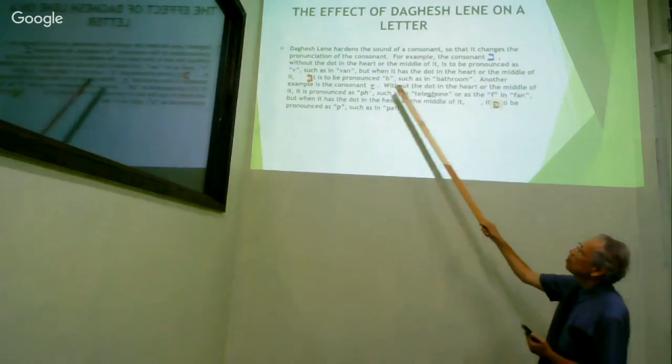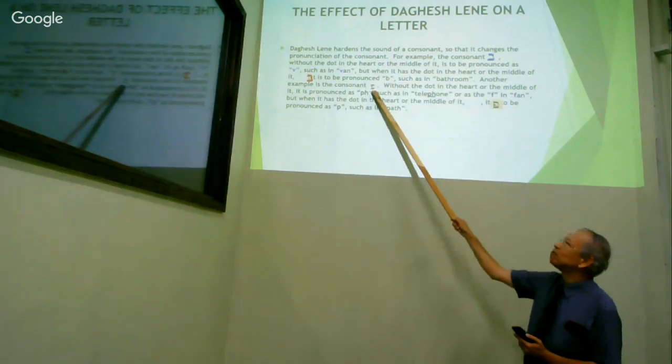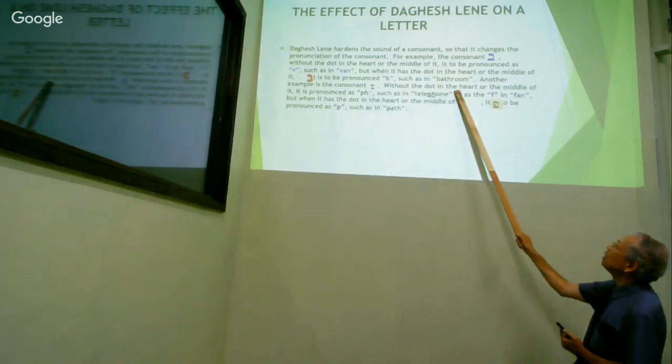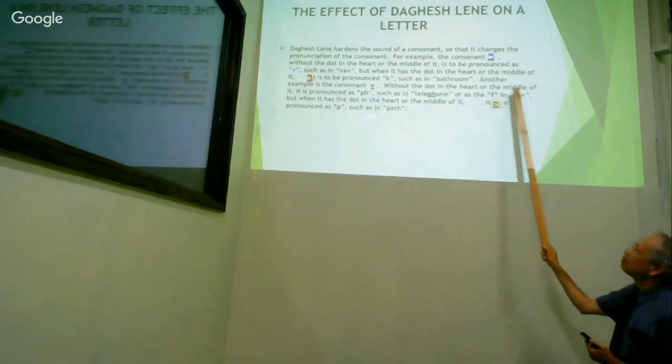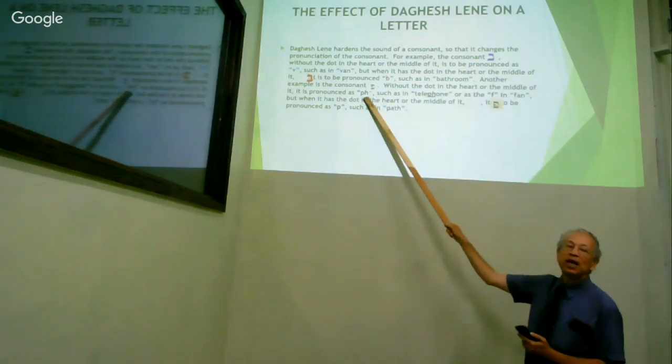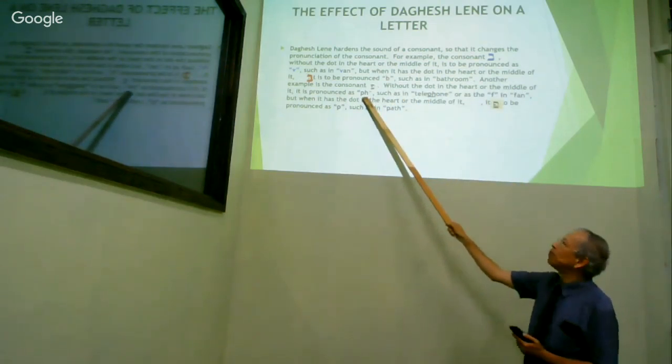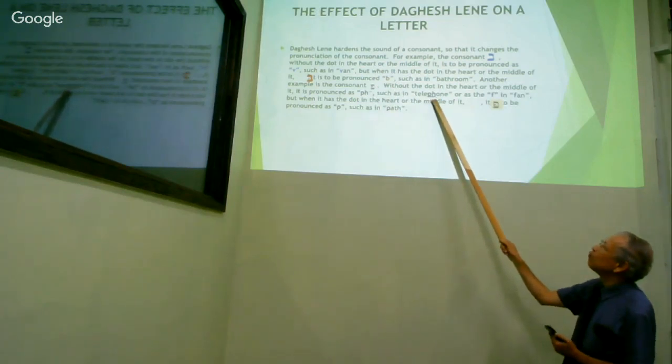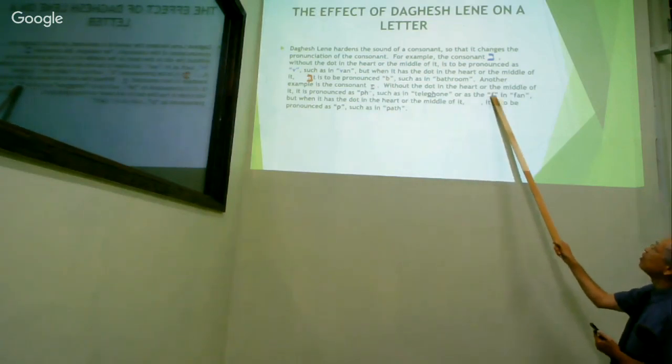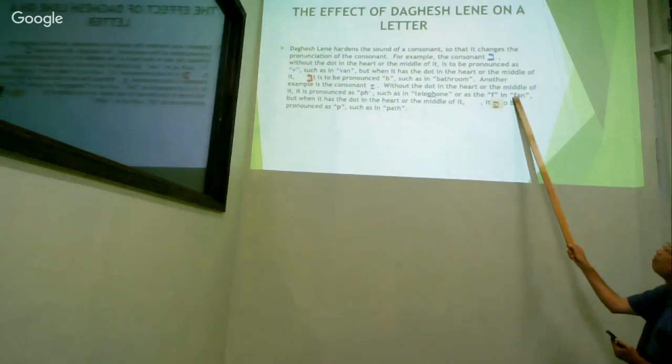Another example is the consonant Fe. Without the dot in the heart or the middle of it, it is pronounced as PH, such as in telephone, or as the F in fan.